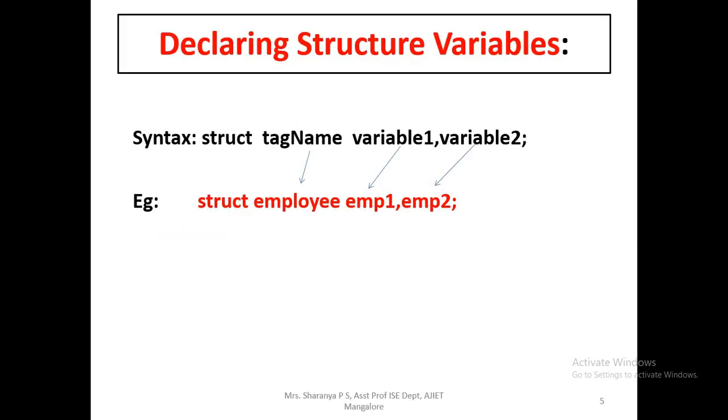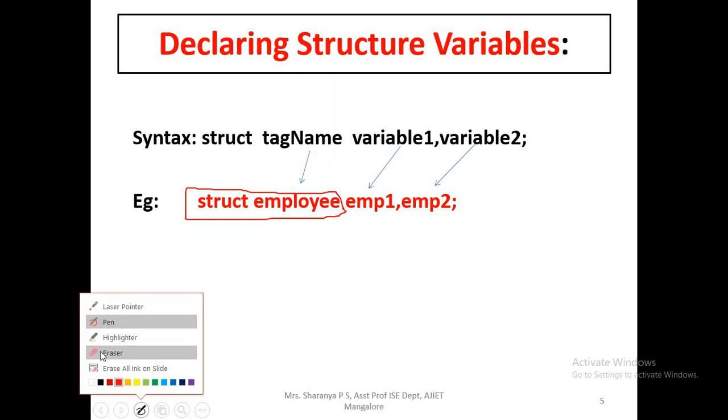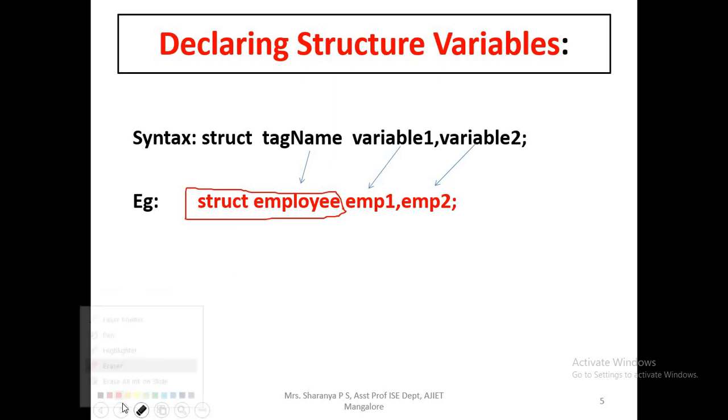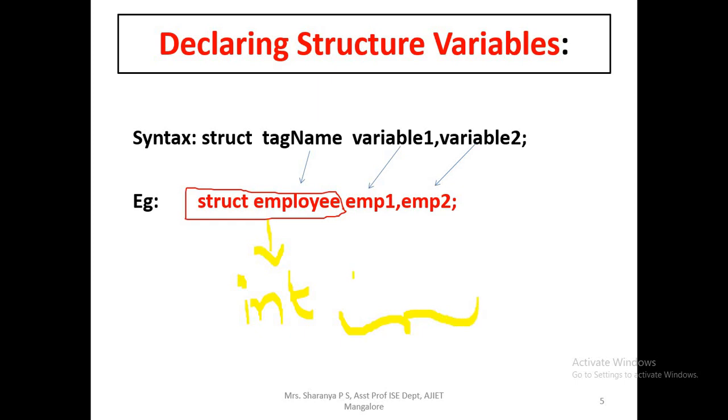If we look into this in detail, struct employee is something like the data type we are mentioning. As we observe, the structure is a user-defined data type. The struct employee acts like a data type, like integer, float, and so on. So if it is struct employee, after this we have to mandatorily mention the variable names, like a comma b.